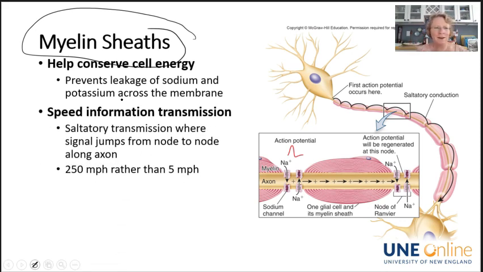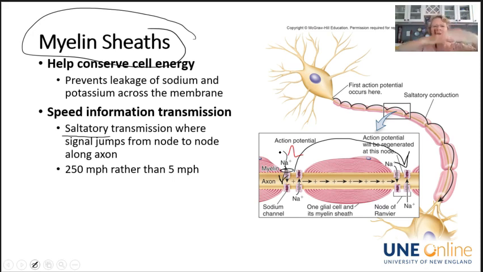But also very important is it speeds information transmission. So saltatory means jumping. Saltatory transmission is where the signal jumps from node of Ranvier to node. So you can see in this diagram here, we have our sodium gates opening, sodium pouring in.